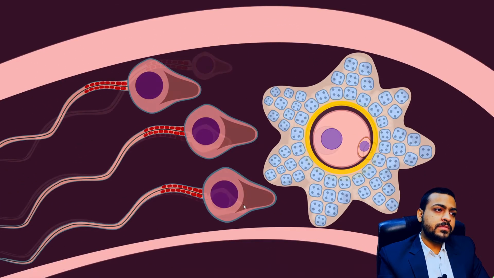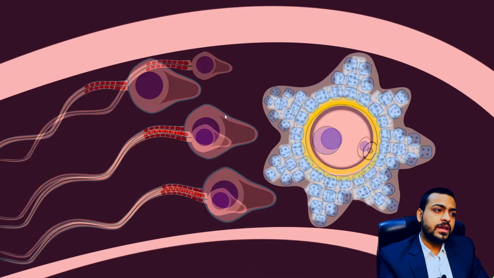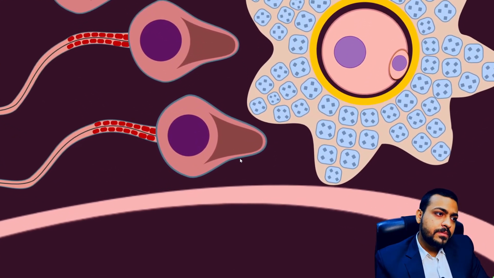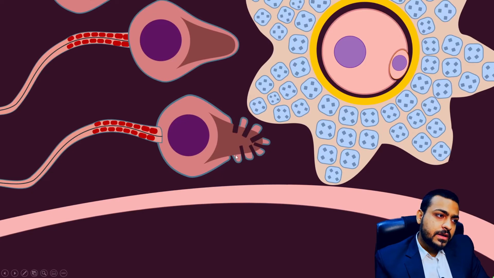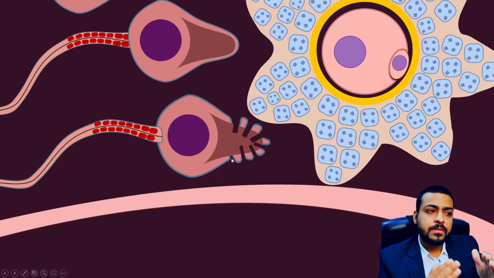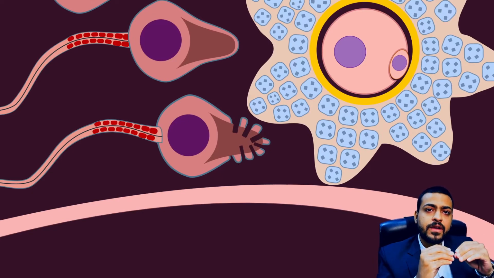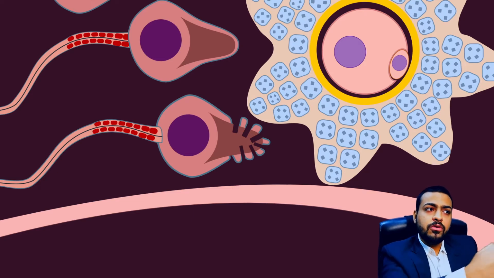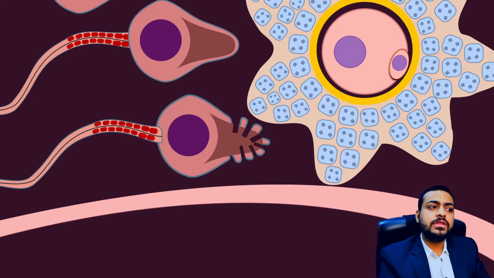So let's zoom in on what is happening here. Due to calcium and bicarbonate, the acrosomal reaction will start. The acrosomal membrane and the plasma membrane of the sperm will fuse at multiple points, and at these points of fusion the membrane will break open, and you can say special holes will be punched into this membrane.